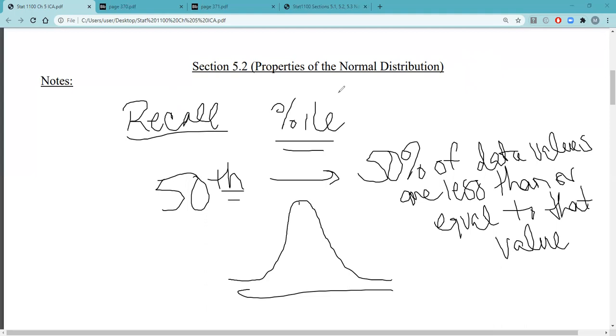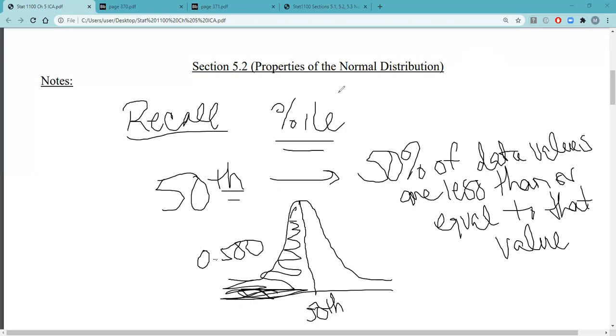So essentially I could say, okay, right at the 50th percentile, I know that 50% of the data values lie to the left. So it's really important moving forward to be able to recognize, if we're told percentile, what that means as far as our z-score is concerned. So we're looking at the area to the left is equal to that percentile.